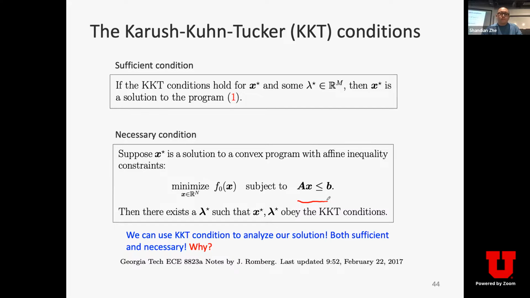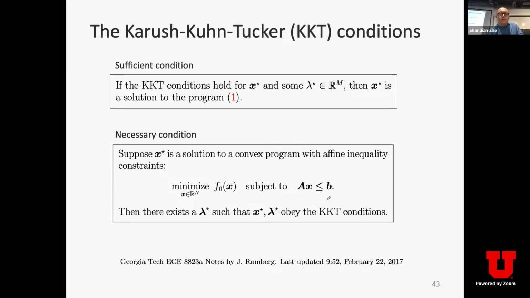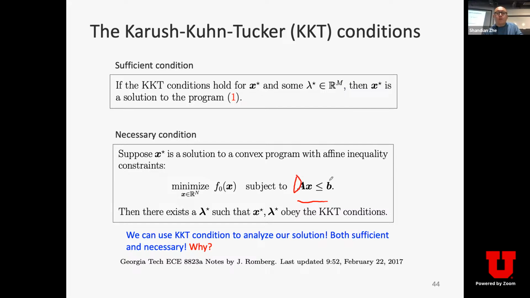If you feel uncomfortable, try to organize the terms by yourself, and try to construct what A and B are here. It has such a form. Then it means that your constraint is relatively simple, and so the KKT conditions are both sufficient and necessary for the solution of your SVM objective function. Does it make sense? Any questions so far?